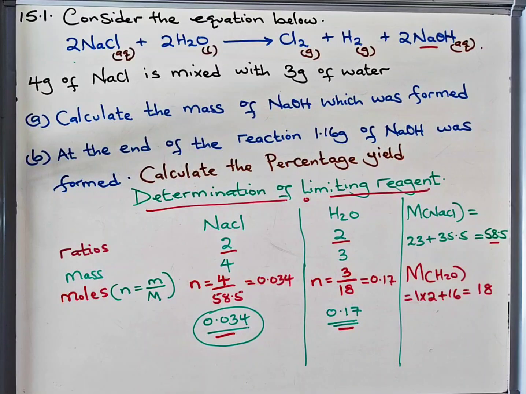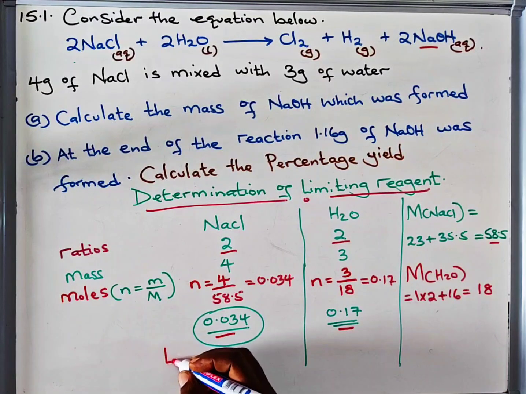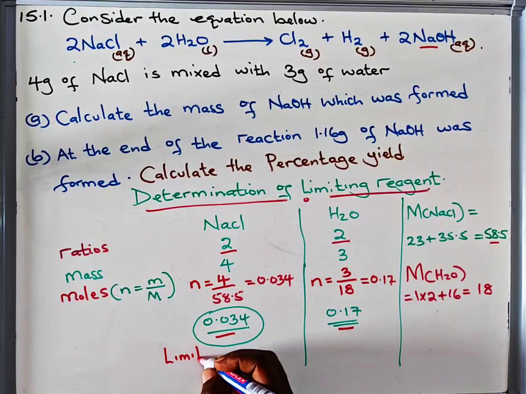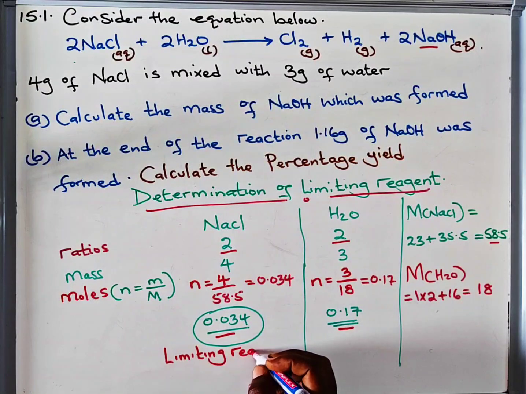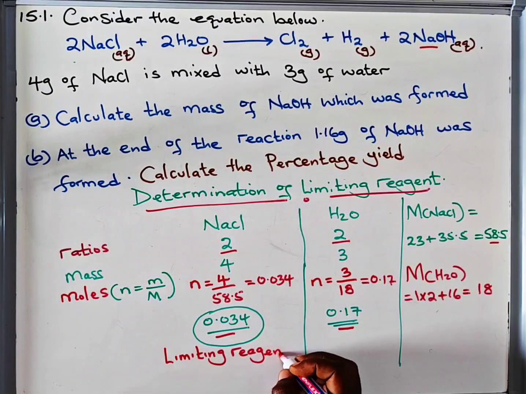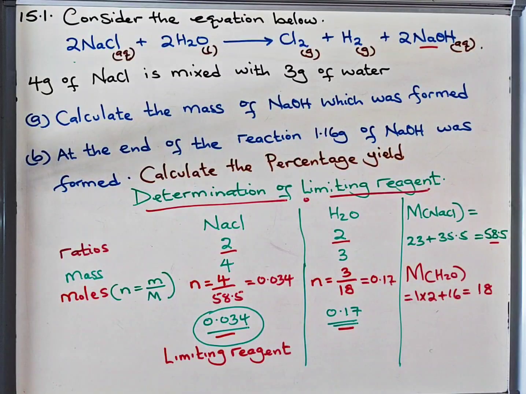So it is sodium chloride which is the limiting reagent and which will determine when the reaction will stop. Once sodium chloride is finished, the reaction will stop. What is the importance of that? We are going to see it in the next part.